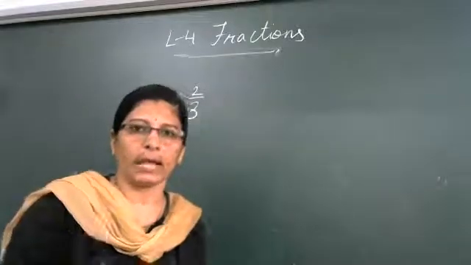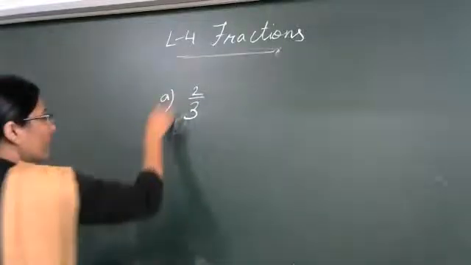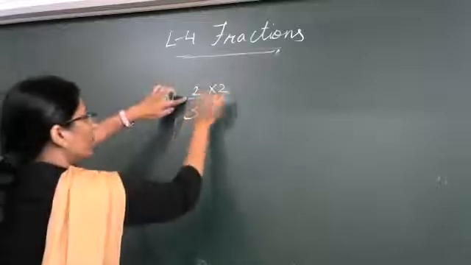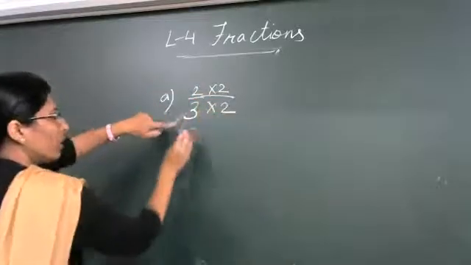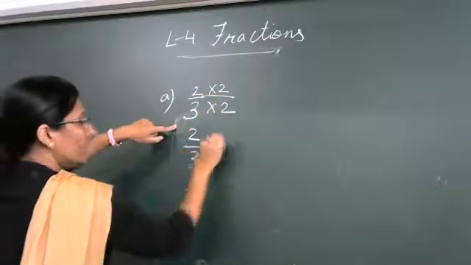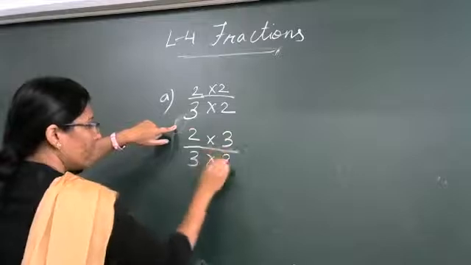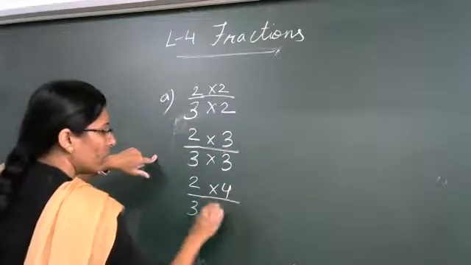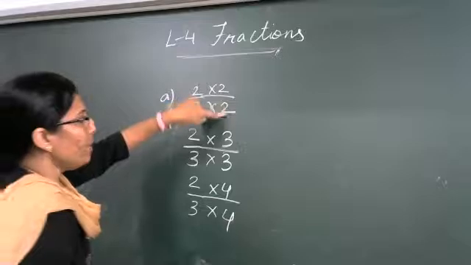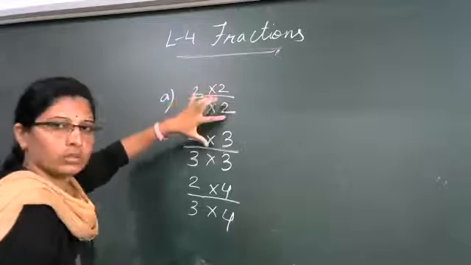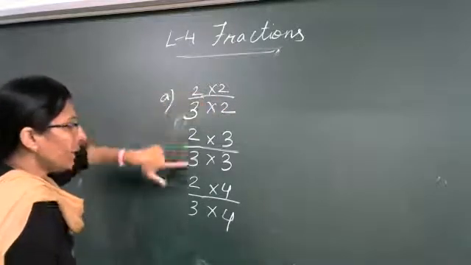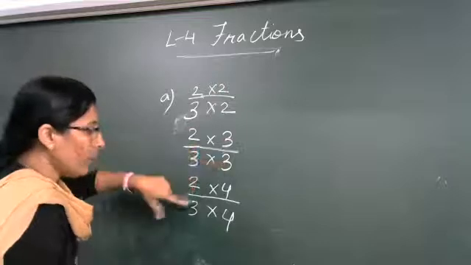For example, we can start from the smaller number. Multiply with 2. Multiply with 3. Multiply with 4. See, I am multiplying the same number up and down. I am multiplying 2 by 3 with 2, with 3 and with 4.